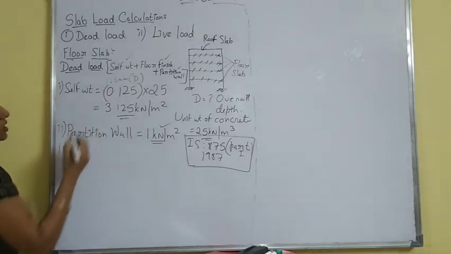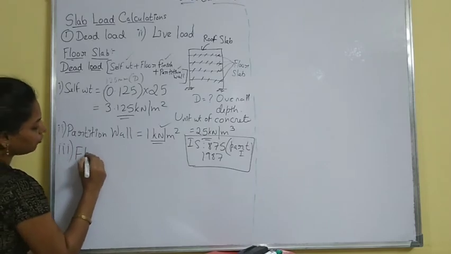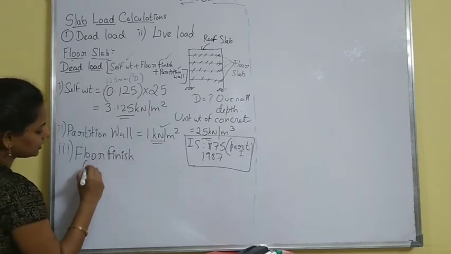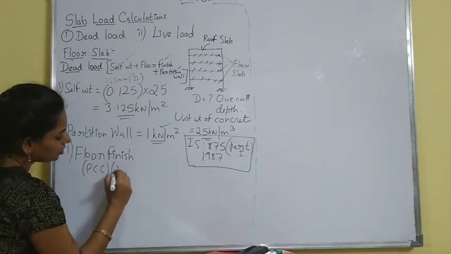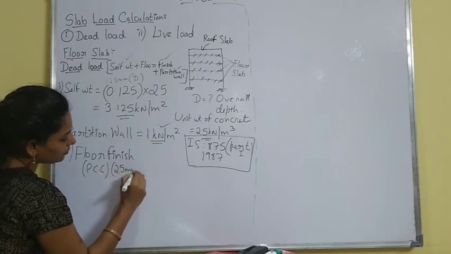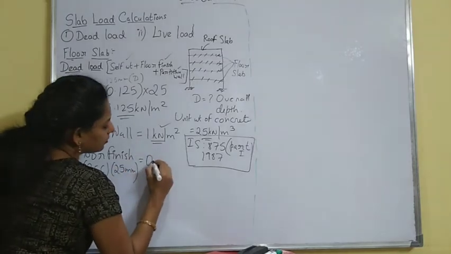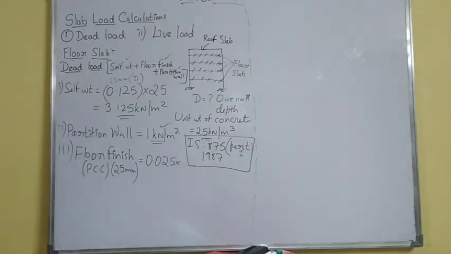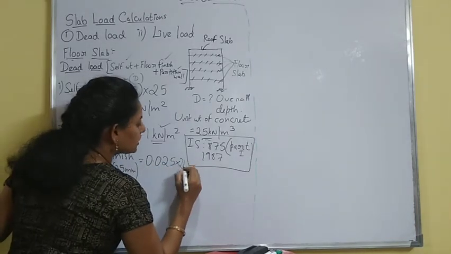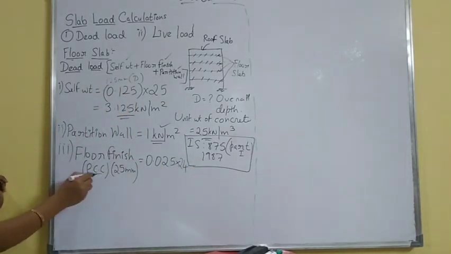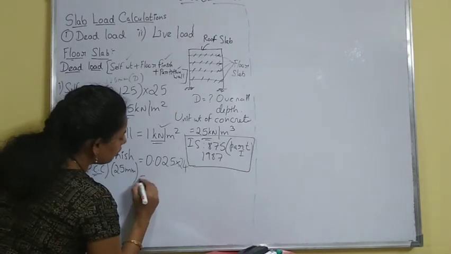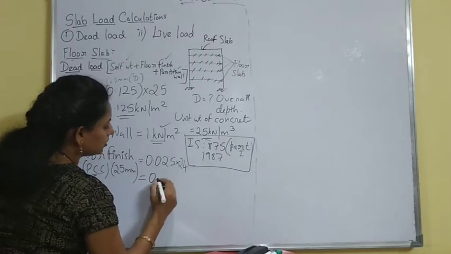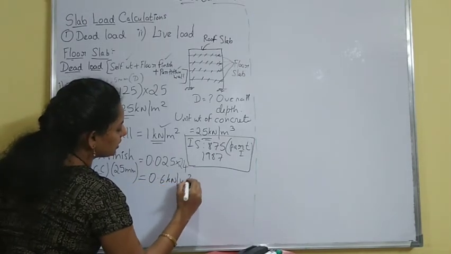Next, third step, the floor finish. For PCC, that is plain cement concrete, we'll consider a thickness of 25 mm. So multiply the thickness, 0.025 in meters, by the density of the floor finish, usually 24 for PCC, and your value is 0.6 kilonewton per meter square.